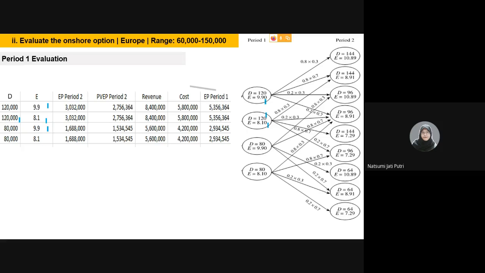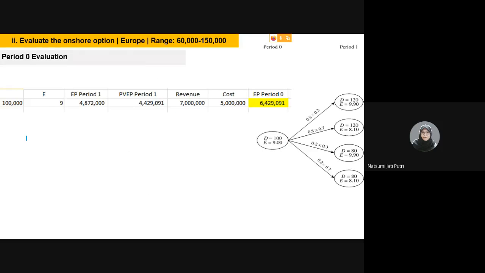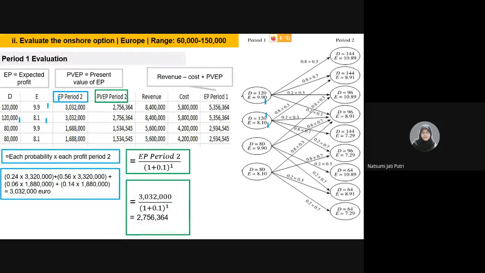There are 4 nodes. And then for the EP, or expected profit in period 2, it is just each probability times each profit in period 2. I mean the profit in the previous table.